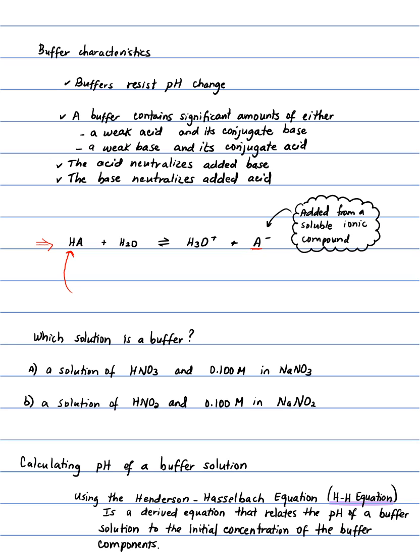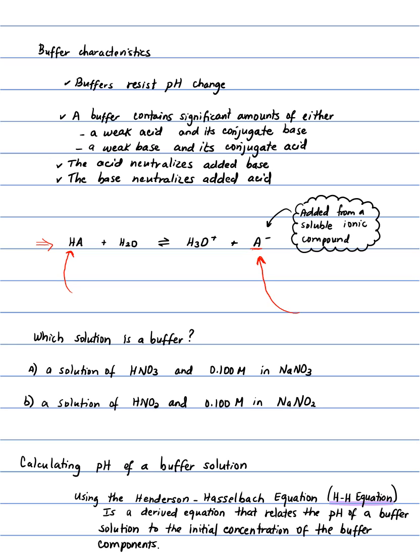If you add to this buffer solution here an acid, let's say hydrochloric acid, HCl, your hydrochloric acid is going to react with the conjugate base. So it's been neutralized by the conjugate base.